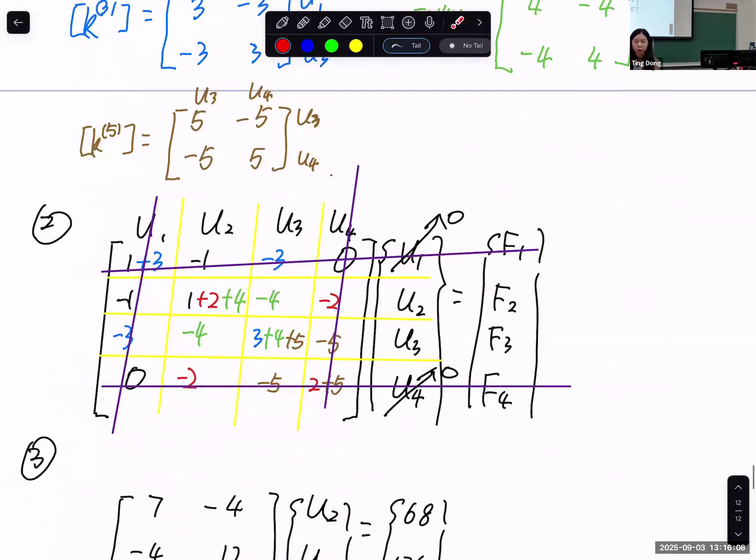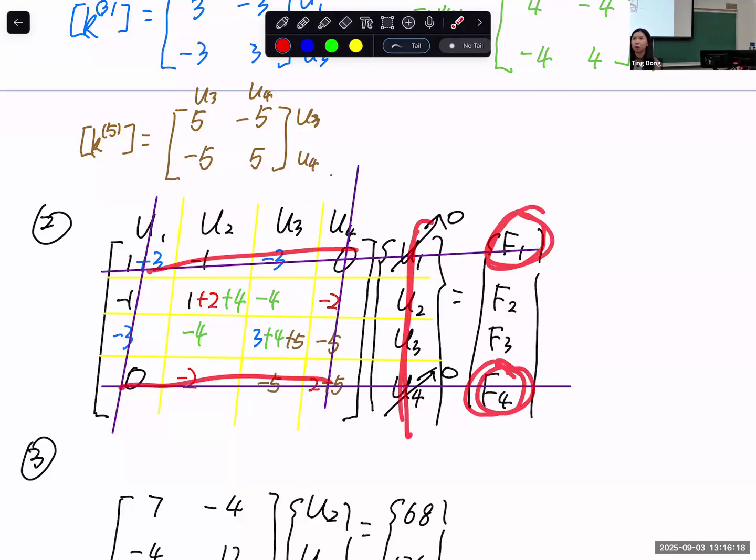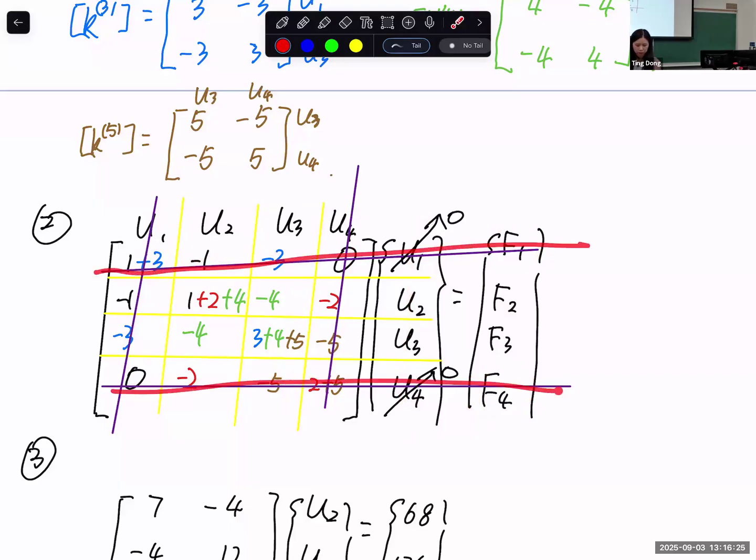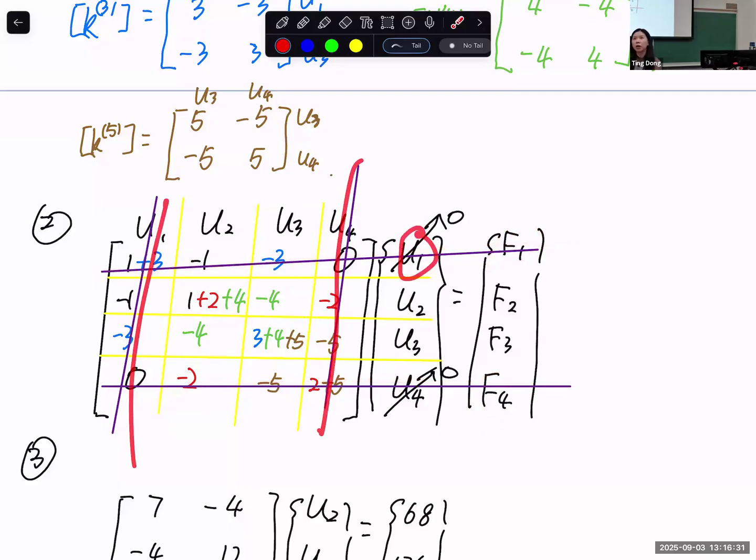And in this matrix vector operation, if these two are unknown, basically this one times this one equals something unknown, and this one times this one equals something unknown. These are useless information for our calculation temporarily. So that's why we deleted this row and this row, simply because these two are unknown. And then we deleted this one and this one because we know that U1, U4 are clamped to the wall. They cannot move. So U1 equal to 0 and U4 equal to 0.